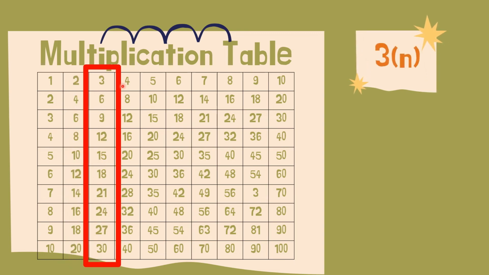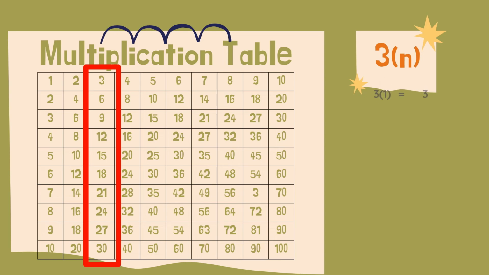For the next sequence, we have 3, 6, 9, 12, 15, 18, 21, 24, 27, 30. As you can see, the common difference is 3. So we are going to use the rule 3n, or 3 times n. So what's the first term?